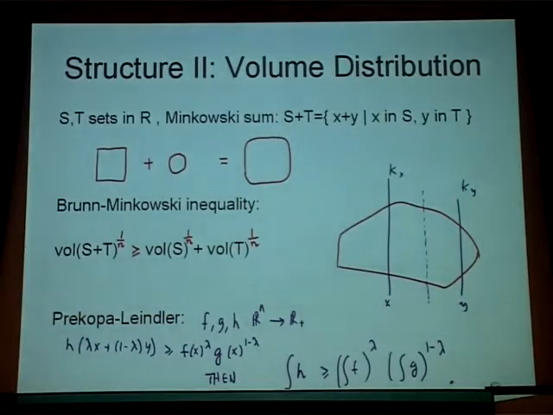There's a functional generalization of this called the Prékopa-Leindler inequality, and it says that suppose you have three functions, f, g, h, non-negative real valued in n space, and h at any point is the geometric average of f and g. Okay? So it satisfies the log concavity style condition. Then the integral of h is at least the geometric average of the two integrals.